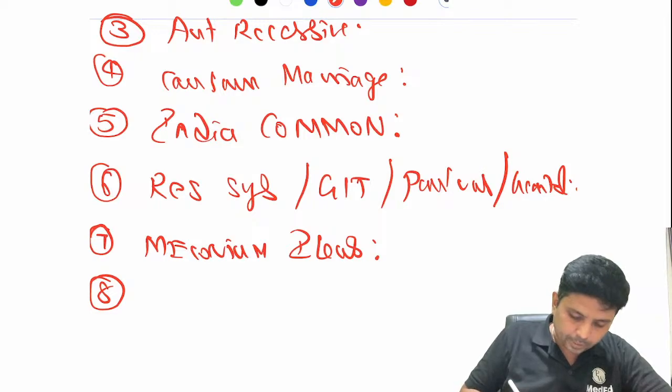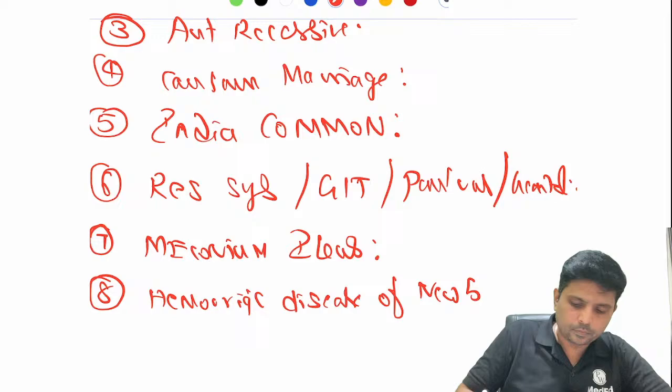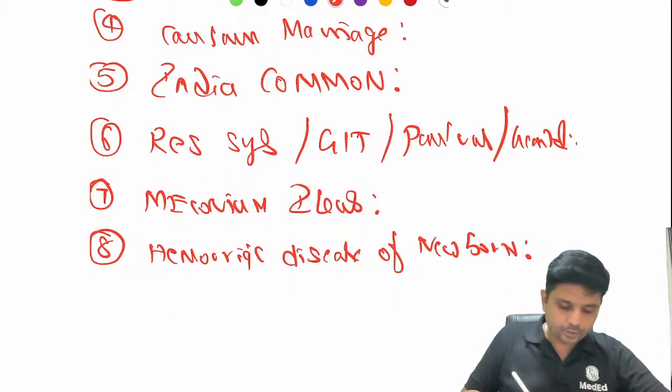Second one is it can produce hemorrhagic disease of newborn due to vitamin K deficiency.